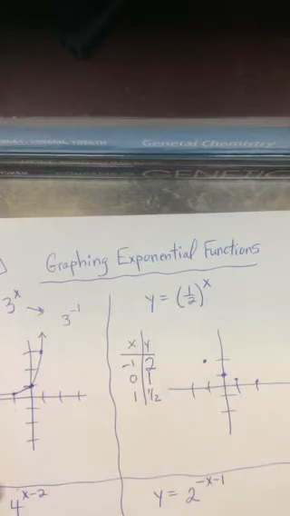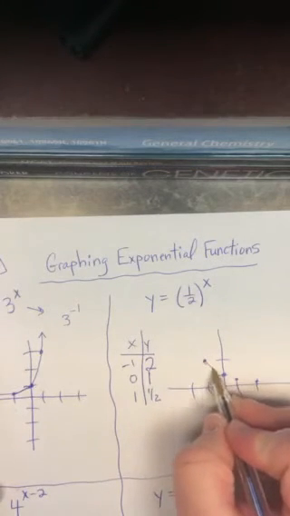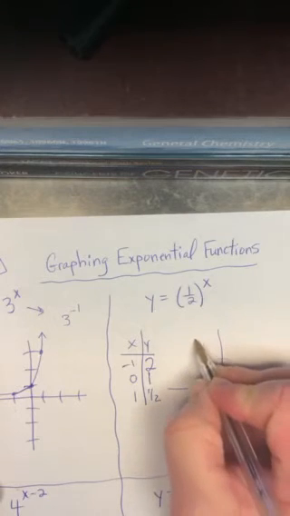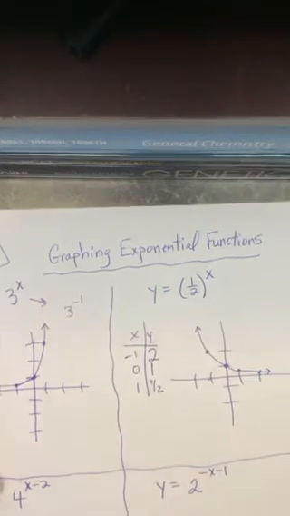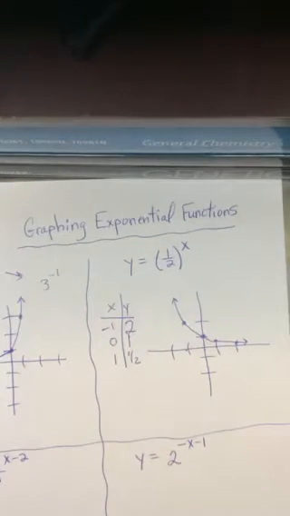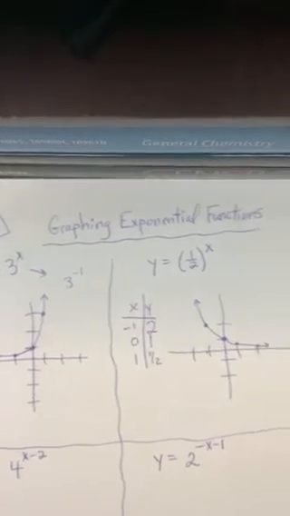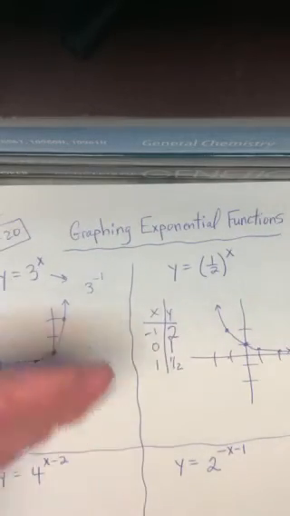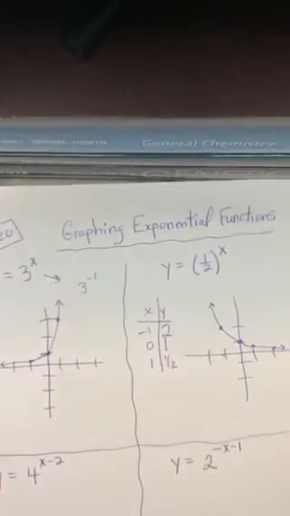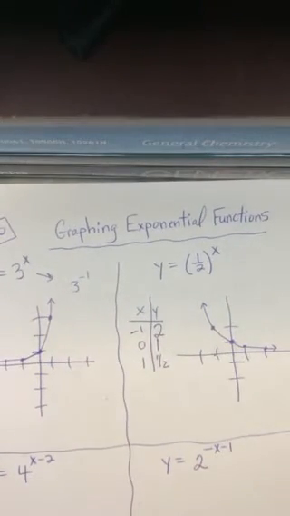Again, kind of proving to me that this curve gets really close to the x-axis but doesn't touch it, and it takes a pretty steep turn upwards and looks like that. So it's not as steep as the other one because the numbers aren't growing as quickly, but they always take on a curved shape when you graph an exponential function.